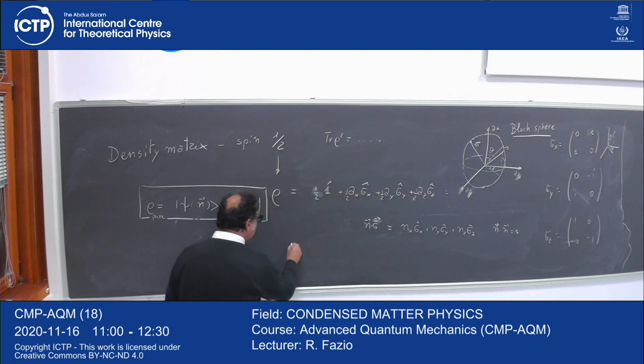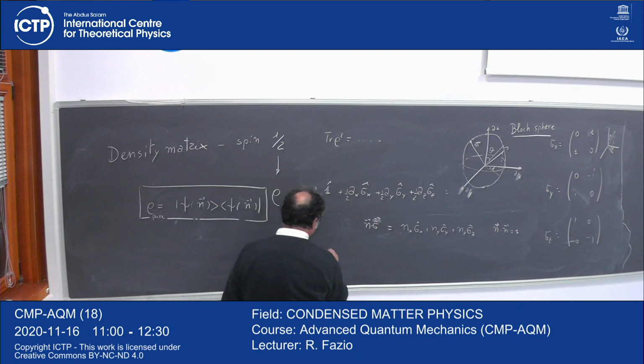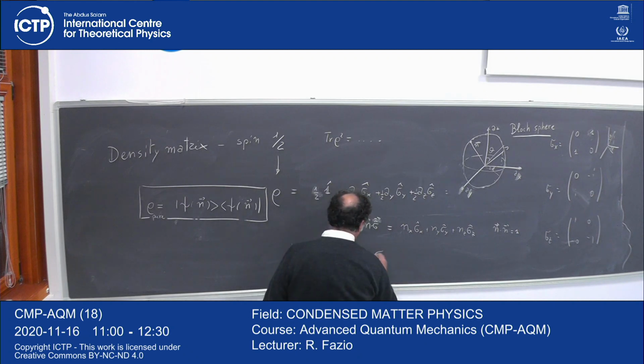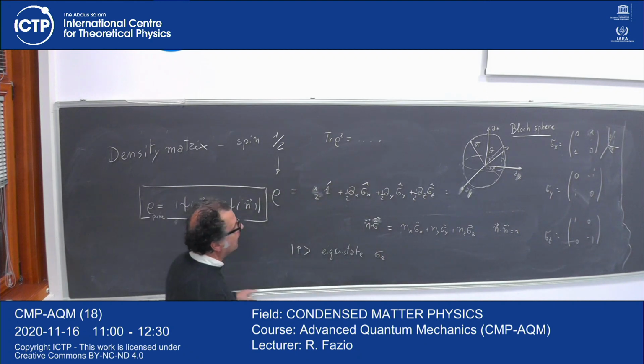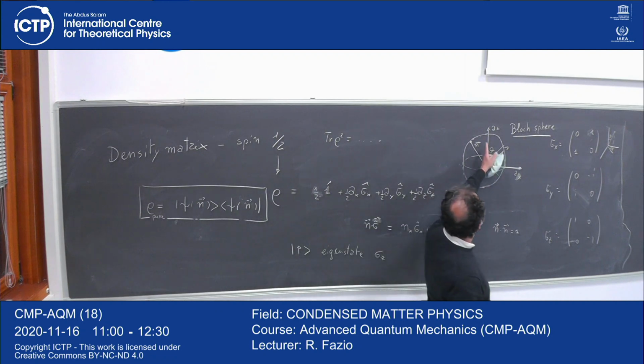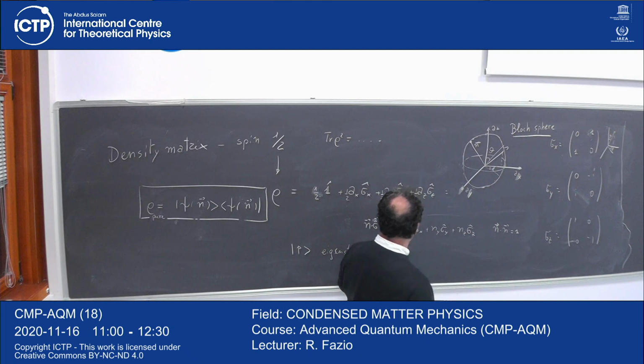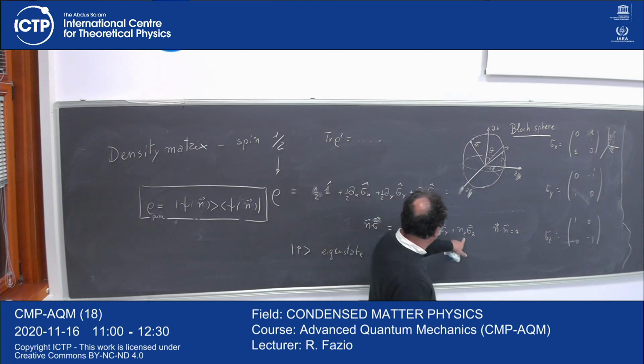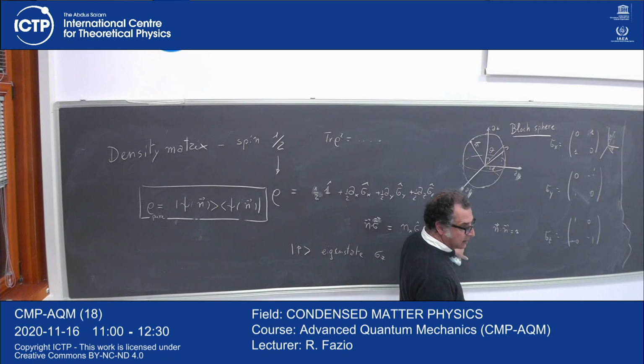In the same way, up is an eigenstate of sigma z, because up is characterized by theta equals 0 and phi equals 0, or theta equals pi. If I take theta equals 0 or pi, this is 0, this is 0, and this is nothing else than sigma z.